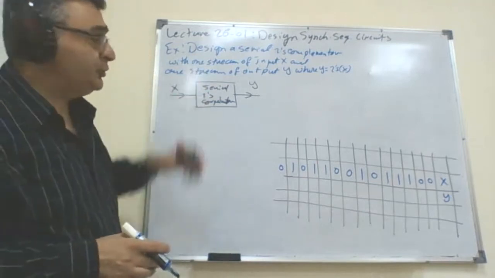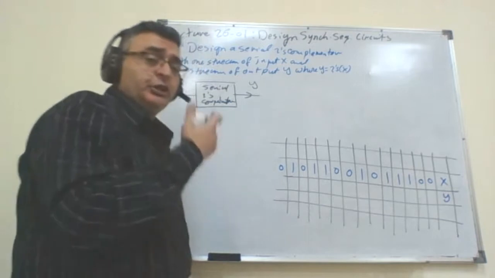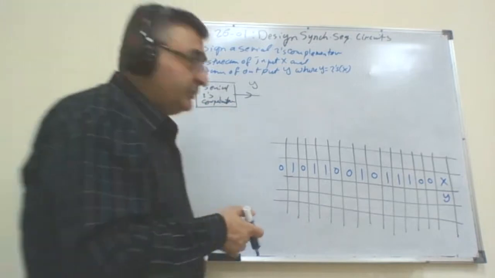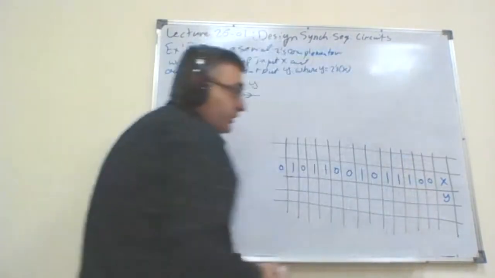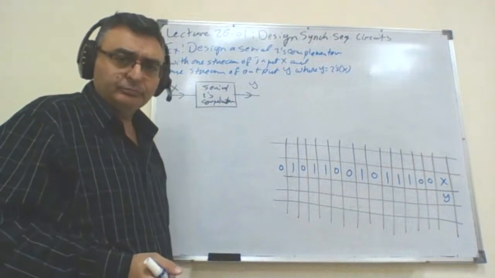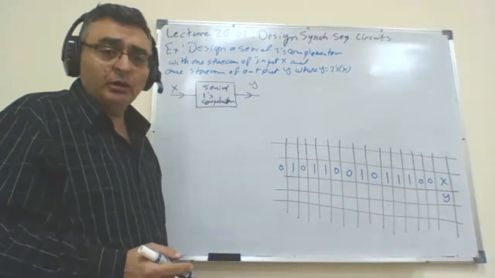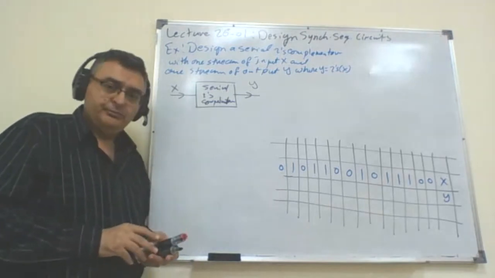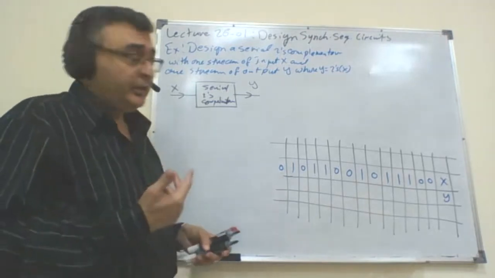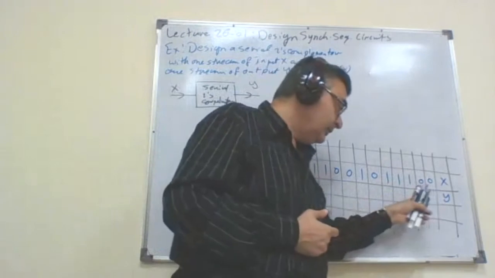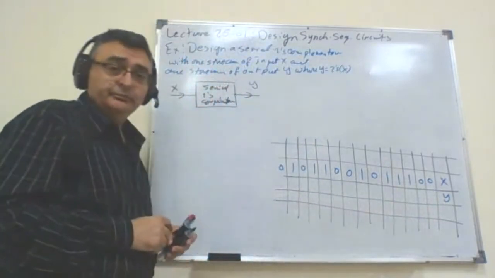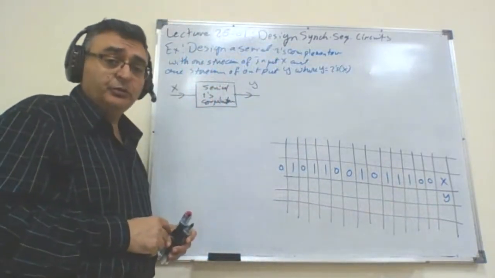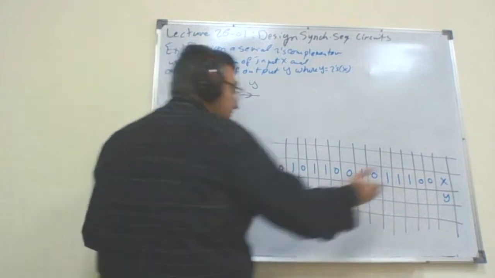Now, this circuit should generate for me the 2's complement of X. By the way, I know beforehand the value of Y. I can actually list the Y here.